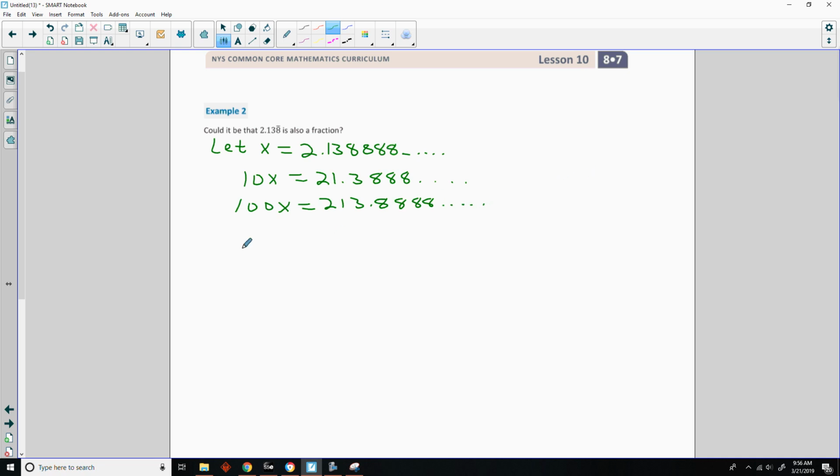And 1000x would equal 2138.8 repeating. Do any of these seem helpful?